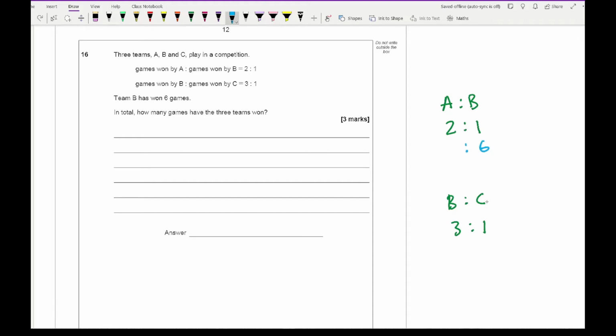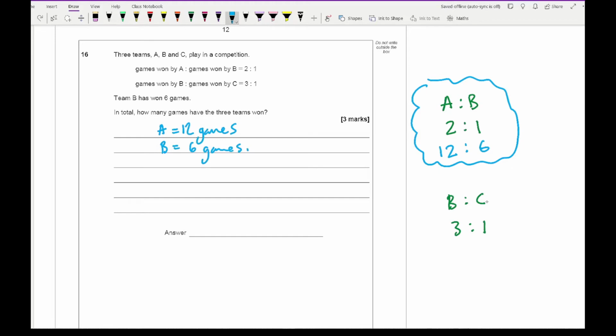So that means that if one part is 6 in this situation, then A must be 12. So A has won 12 games. And B, we've been told, has won 6 games.